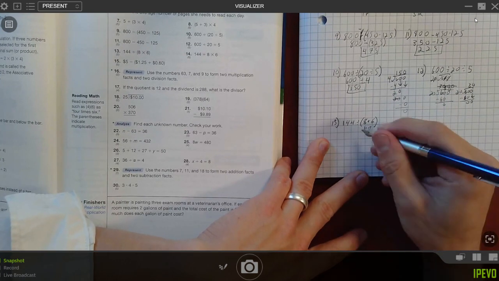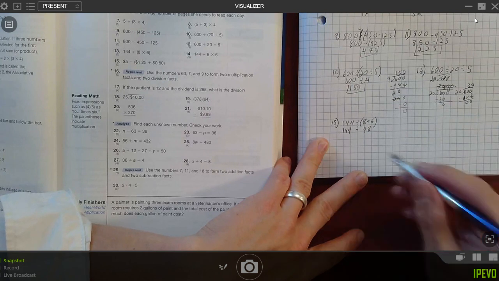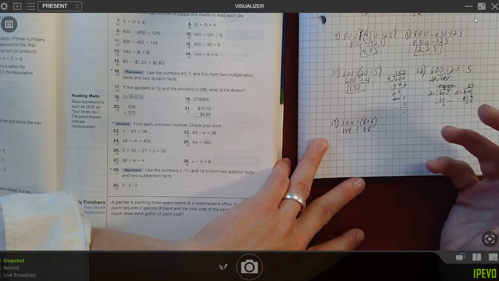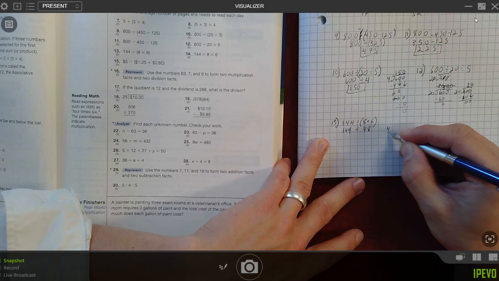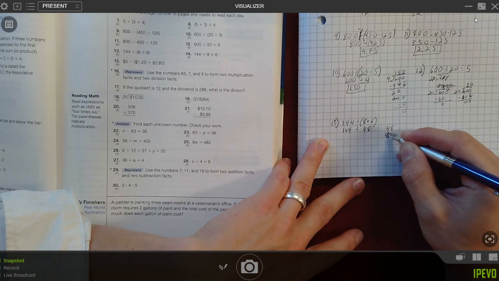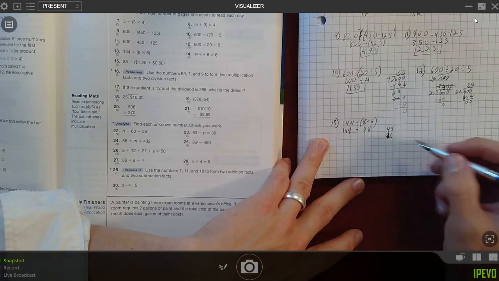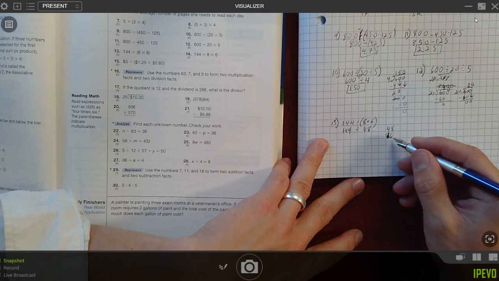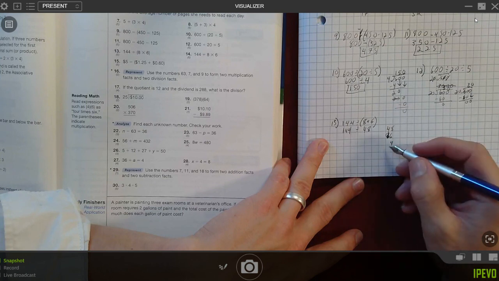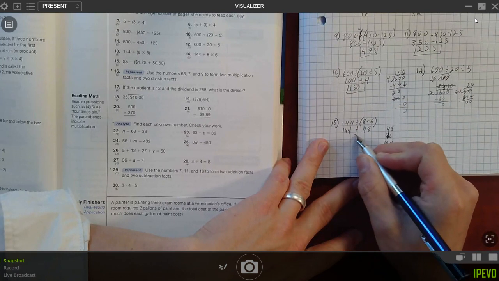Now 144 divided by 48. This is one of those harder ones to figure out, right? You can't easily divide into it. So what we're going to do is take 48 and double that to get 96. I'm going to add another 48 to it, which is 144. Yeah, 144. So times 3. So my answer is 3.